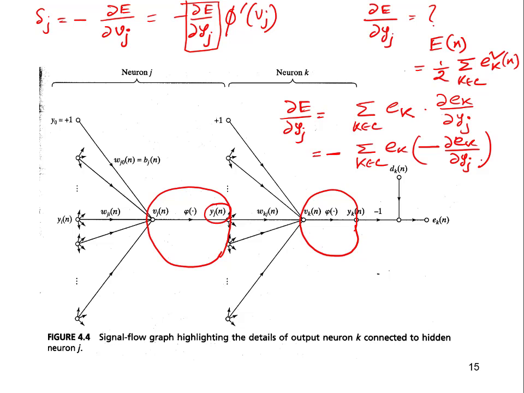Okay, let's chunk it down a little bit. Why am I getting delta Ek and delta Yj and a minus sign?